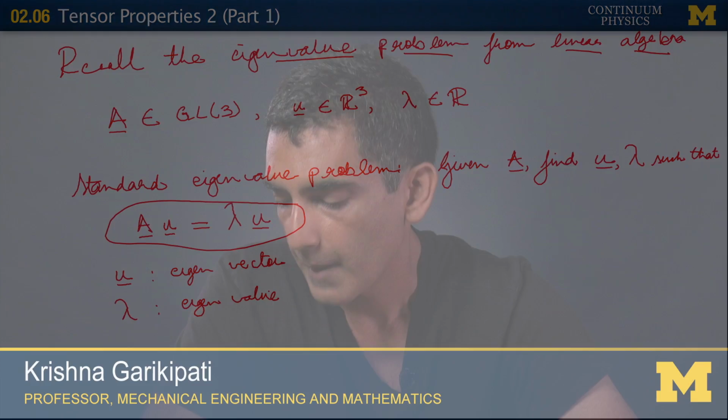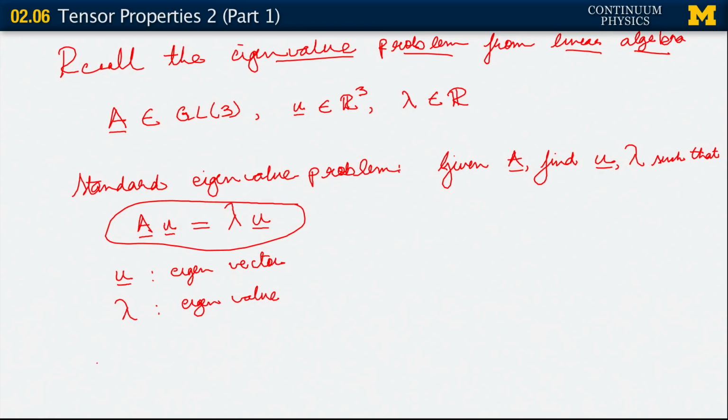Now, we're not going to get into details here about how we actually solve this eigenvalue problem. We're just going to sketch it out. We're not going to get into detailed solution techniques. You recall that the way this proceeds is the following. What this implies is that A minus lambda multiplying the identity tensor, all of this acting on u, has to be equal to 0.